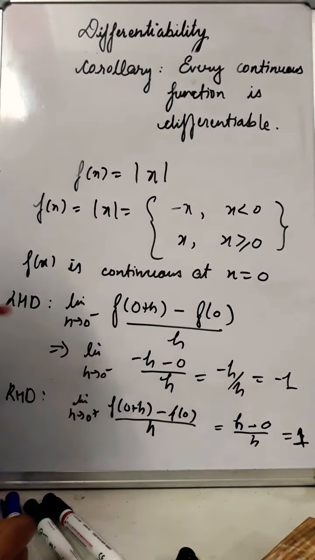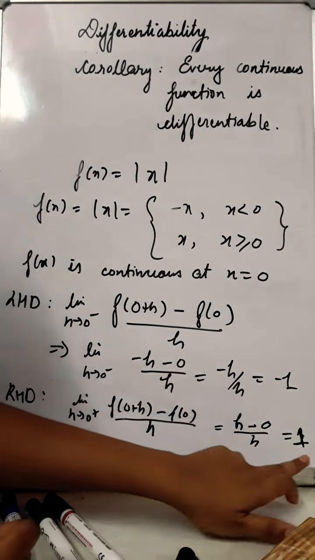Okay, got it? So the left hand derivative is minus 1 and the right hand derivative is plus 1.